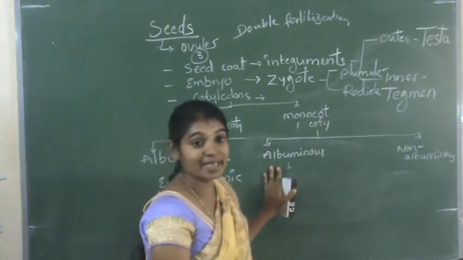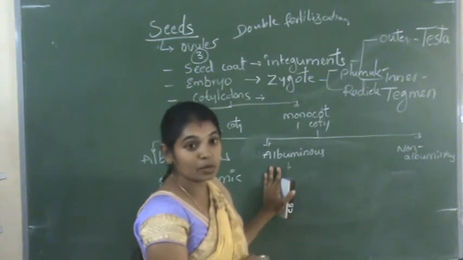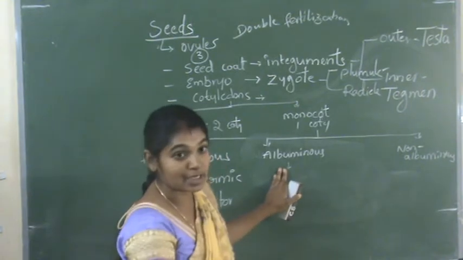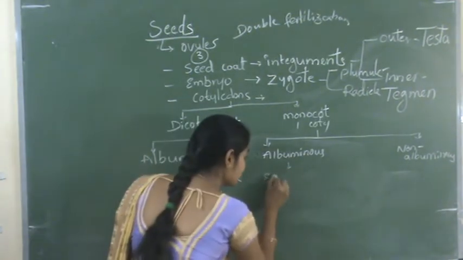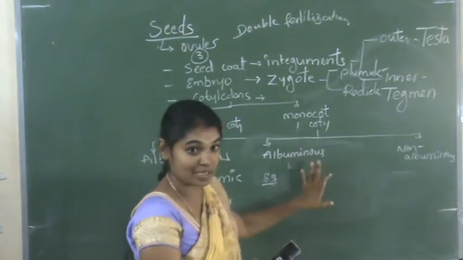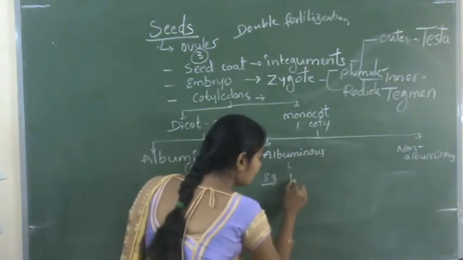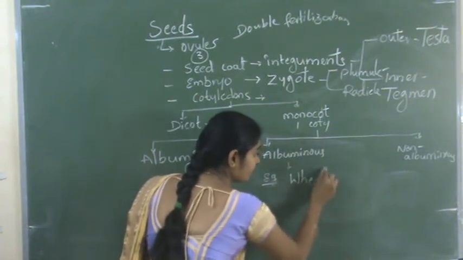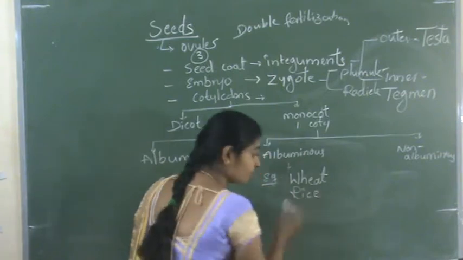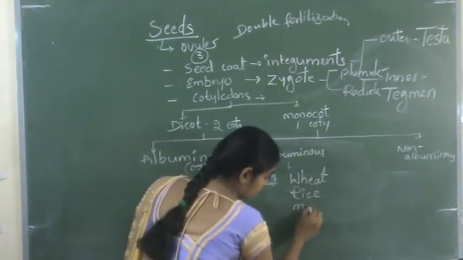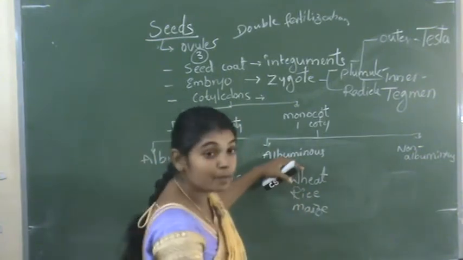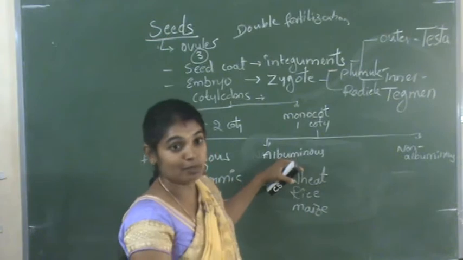Albuminous seeds contain some amount of reserved endosperm. Examples for this are wheat, rice, and maize. These are a couple of examples for albuminous or endospermic seeds.